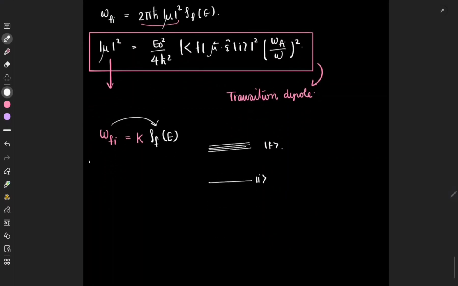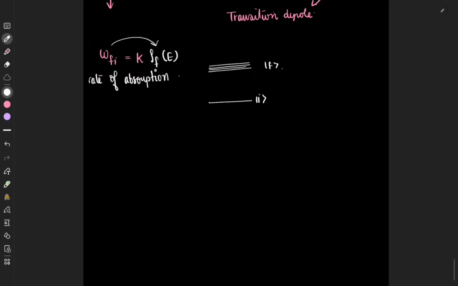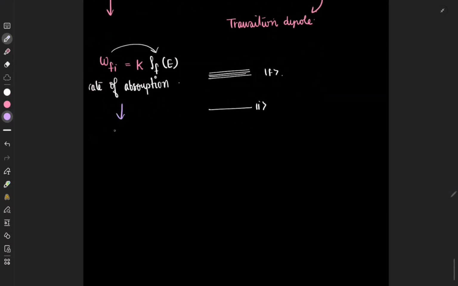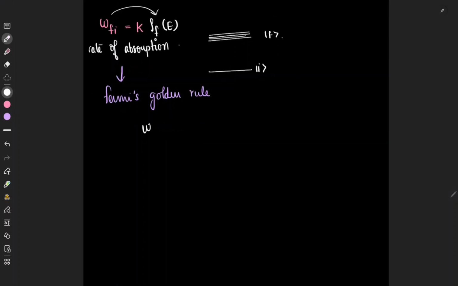This is the rate of absorption. If I didn't mention it earlier, please take a note of it. We can conclude by saying the rate of absorption depends on density of states, and hence this is called Fermi's golden rule. Omega fi is proportional to rho f of E, or omega fi is proportional to mu square.